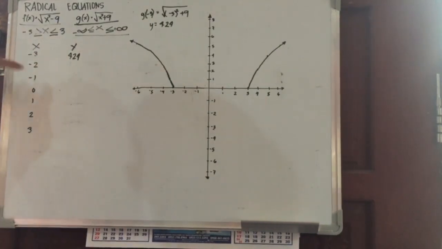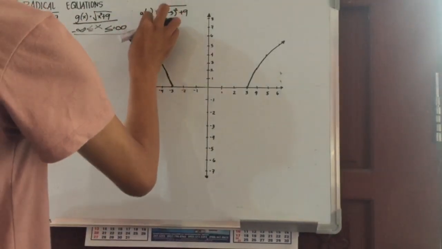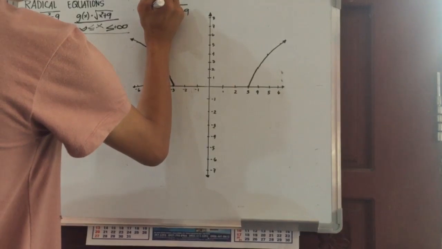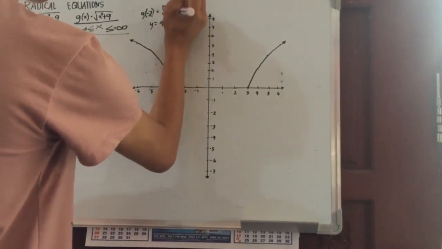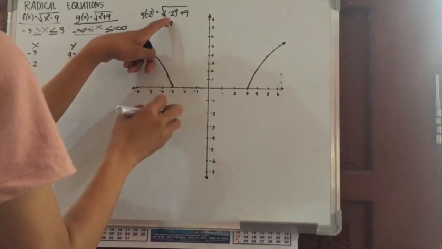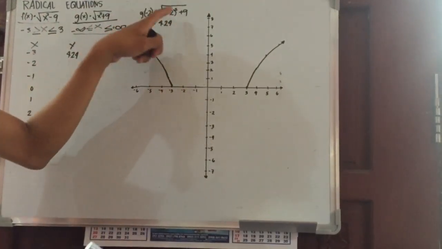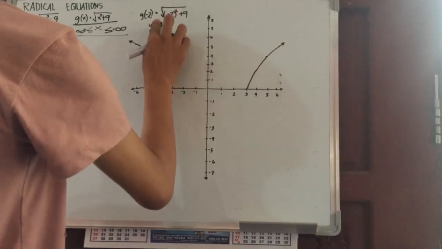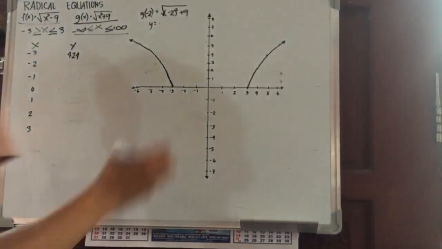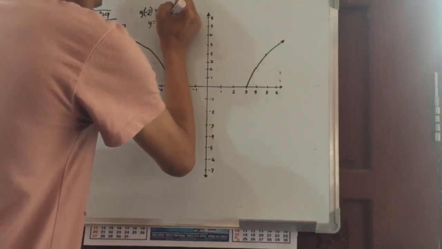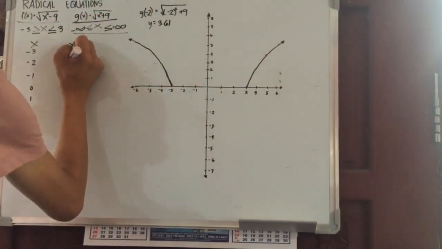Our second value is negative 2. We simply plug in negative 2: the square root of negative 2 squared plus 9 is equal to 3.61. Put it in here.